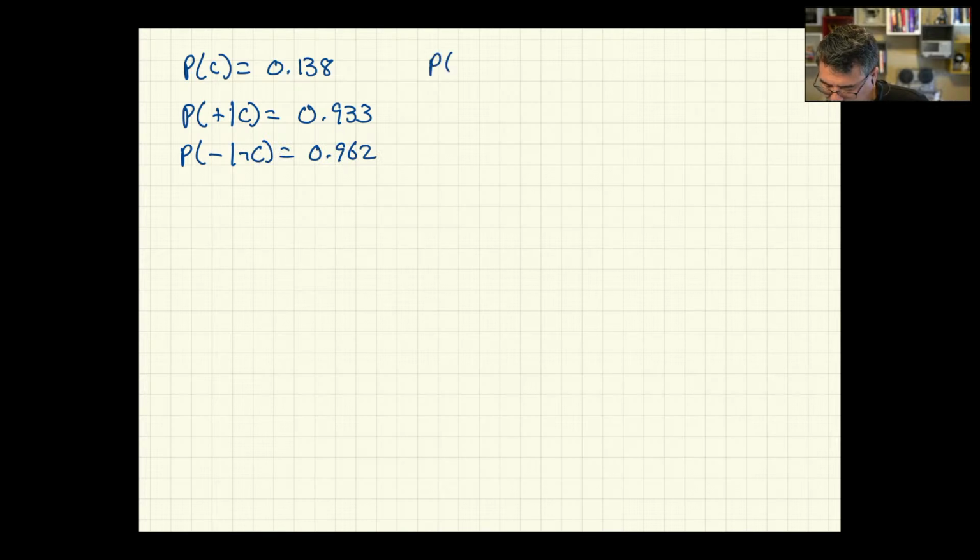So the probability that you don't have coronavirus is 1 minus 0.138, 0.862. And the probability of a negative test given this remains unchanged, and so does the other number.